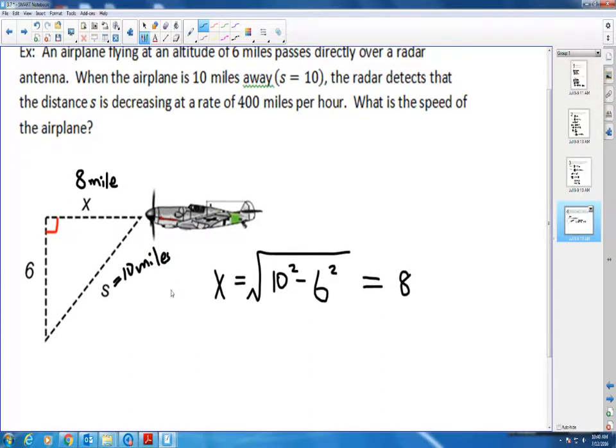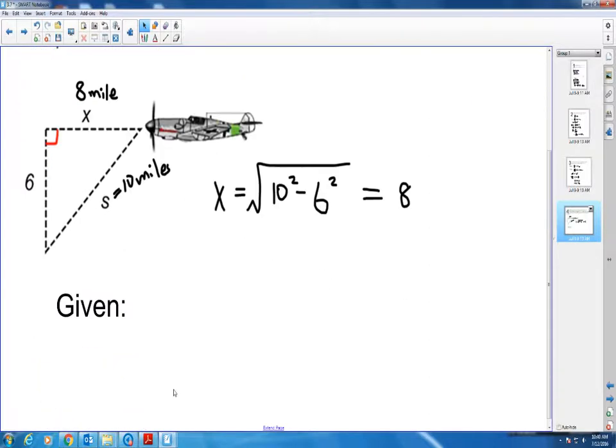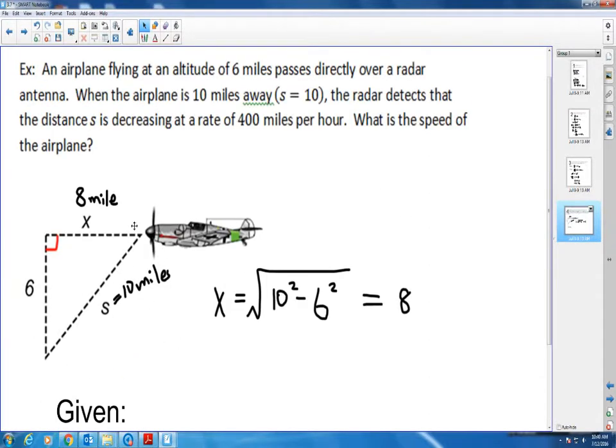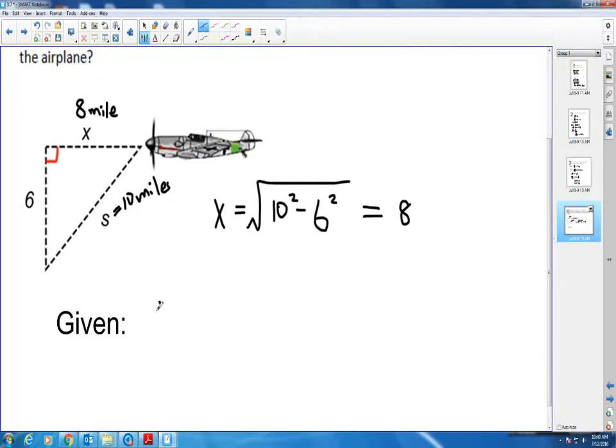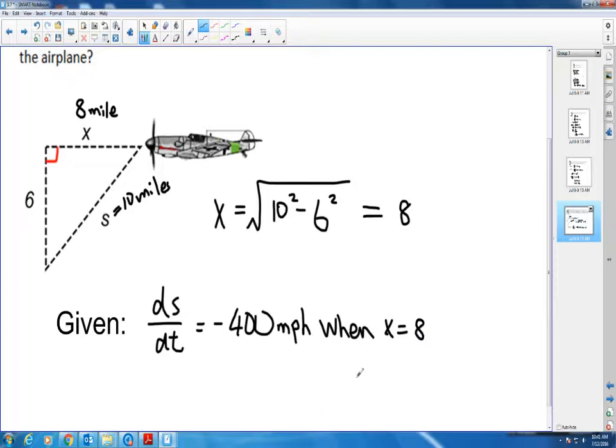Okay. So what do we know? What is given? I'm given the rate of s in respect to time, decreasing at 400 miles per hour when this x direction here is at 8 miles, the horizontal direction.